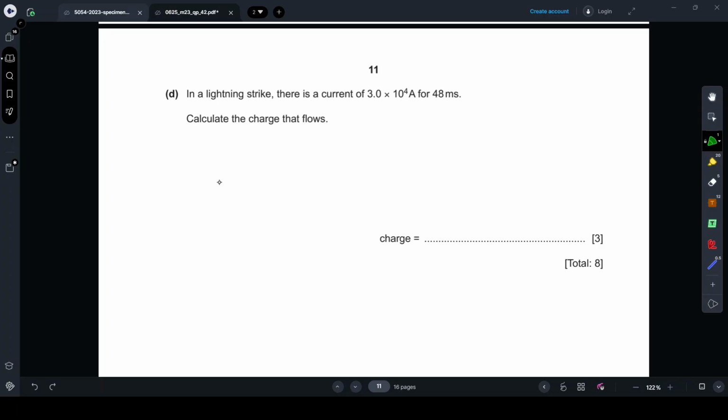Right, so if you remember the formula for current, not V equals IR, because obviously you don't have any voltage and you don't have any resistance over here.